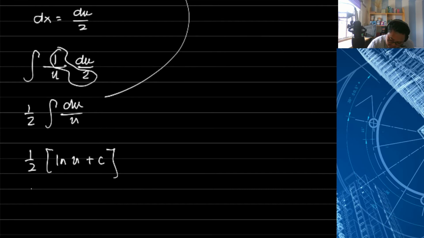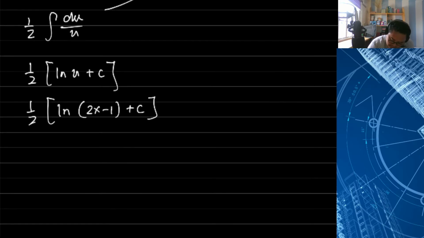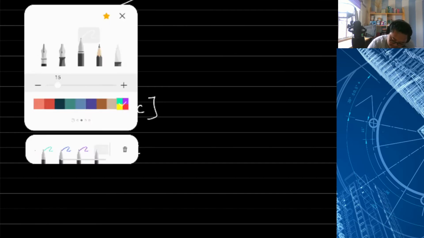Going back to our original function, the value of u is 2x minus 1, so we get ln of 2x minus 1 plus c. We can finalize our answer as 1/2 ln of 2x minus 1 plus c. So this is now our final answer.